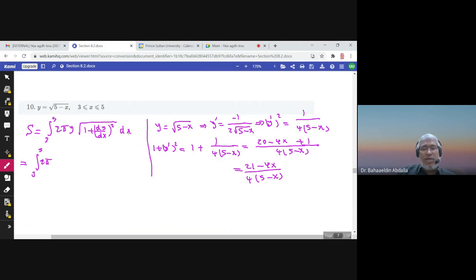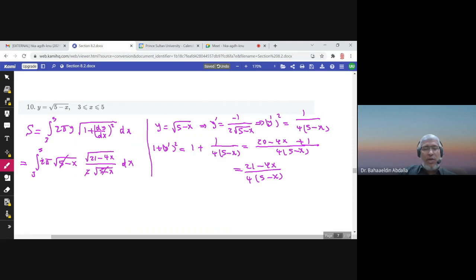Y should be written as a function of x because I have the x. And now square root of 1 plus y prime square. So distributing the square root, I will have square root of 21 minus 4x over square root of 4, which is 2, times square root of 5 minus x dx.